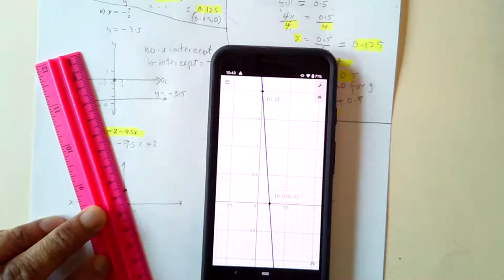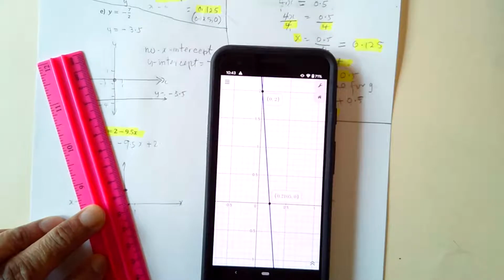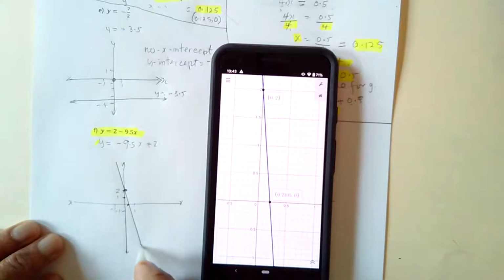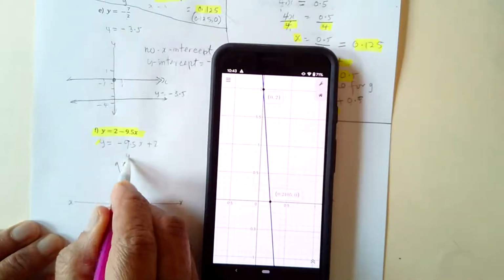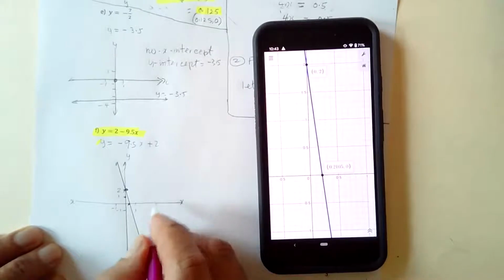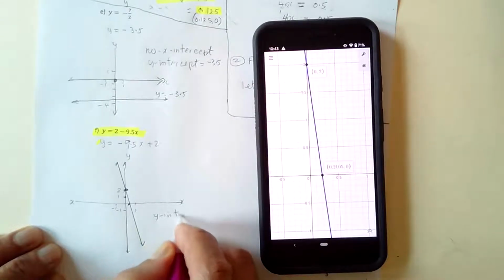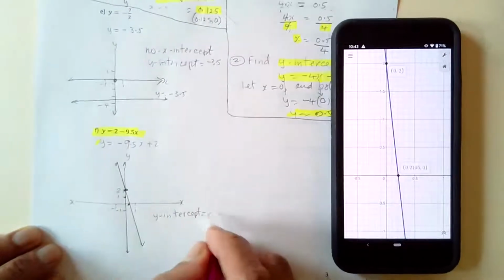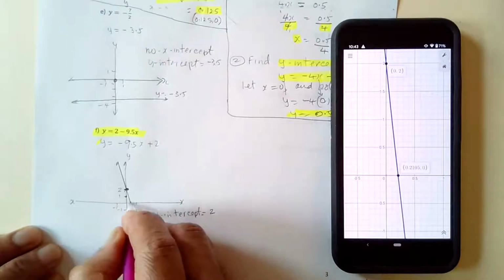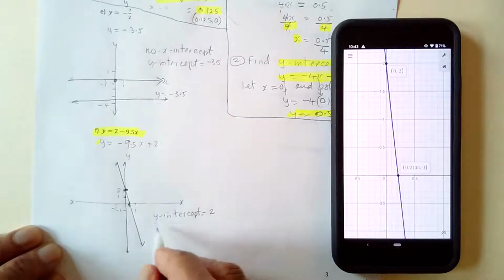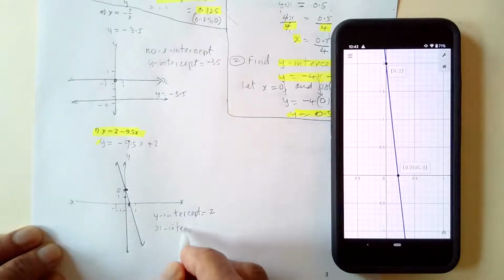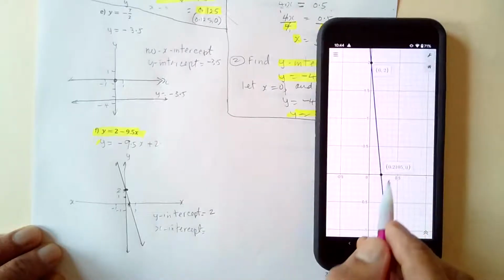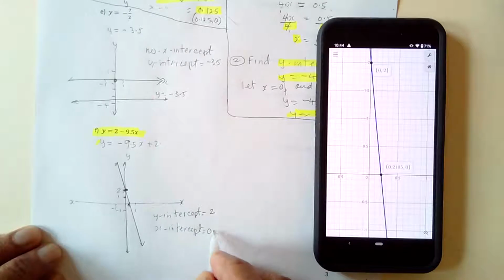So I construct a line. So this is my y-intercept equals 2, and x-intercept equals 0.21.